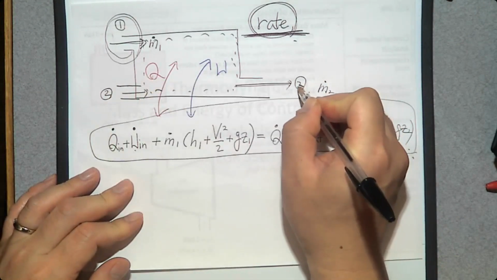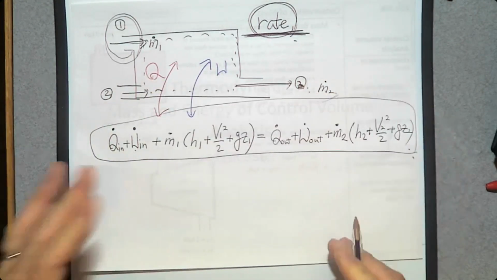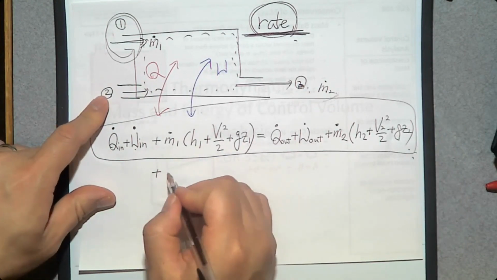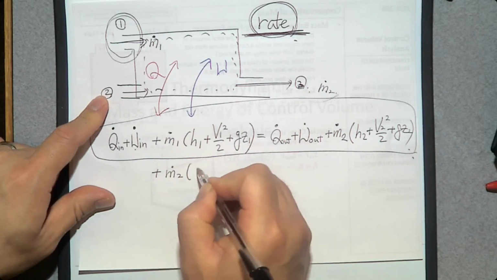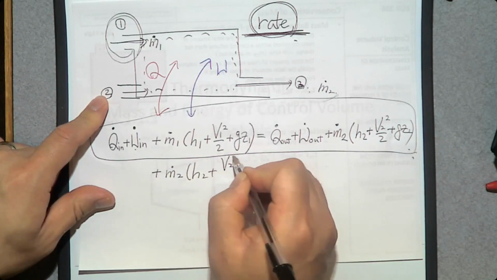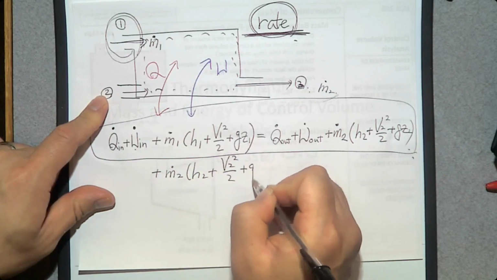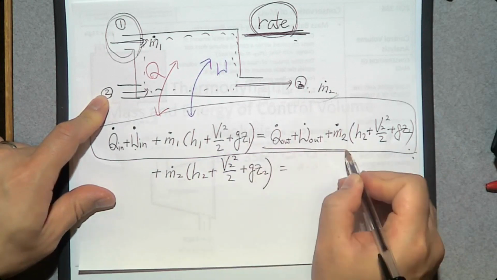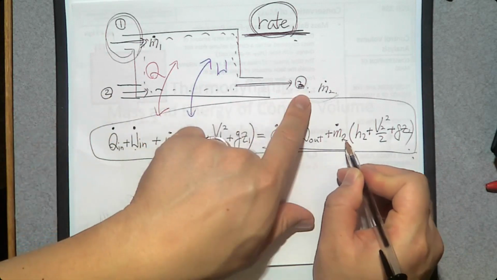Then the exit is going to be number 3. In the energy balance equation, we have an extra inlet. So M dot 2, H2 plus V2 squared over 2 plus gravity times elevation Z2 is the same as this one, and here we have exit number 3.